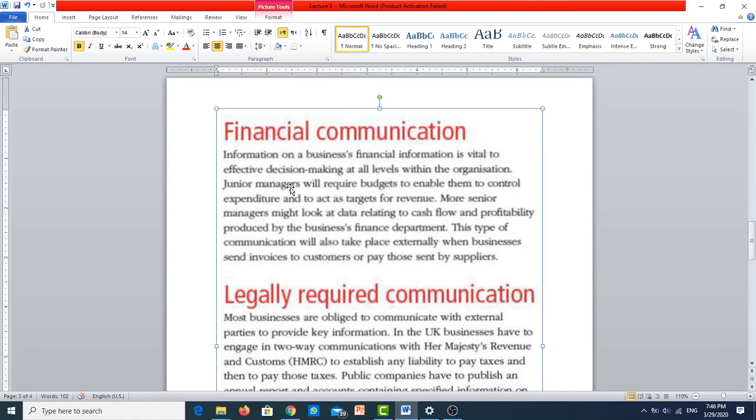And this is about financial communication within the business. If you talk about outside the business, externally, the invoices which have been made by the cashier or the accountant, which have to be paid by customers or paid to suppliers, this information is discussed with the owners and the managers.